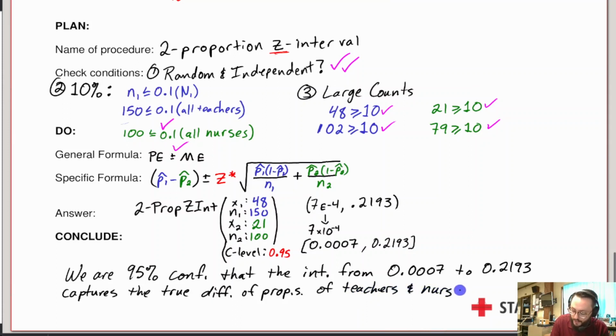Sorry, I am abbreviating incredibly hard right now, because we can't take forever writing this. True difference of proportions of teachers and nurses with second jobs.